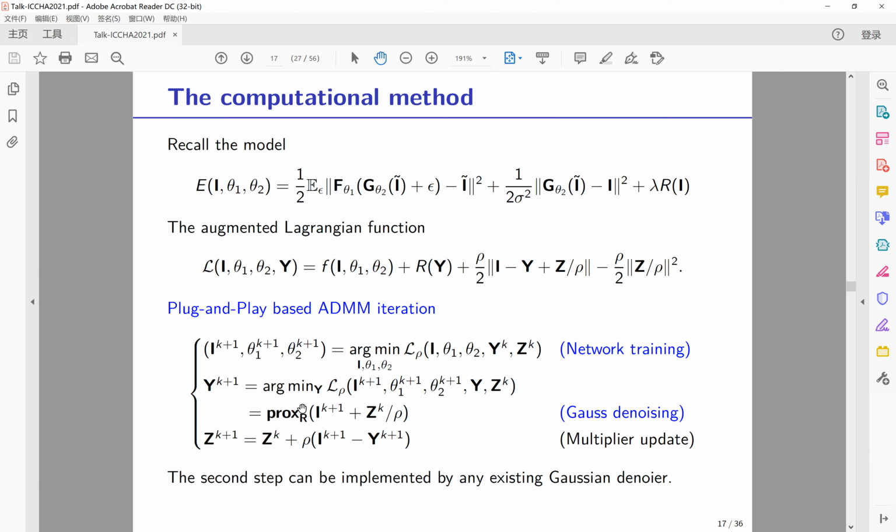This proximal operator can be implemented by any existing Gaussian denoiser such that this regularization term is imposed implicitly. Which means that in the second step, we can apply any existing Gaussian denoiser, like BM3D, like non-local mean, like wavelet-based or TV-based, any method. So this is our framework.